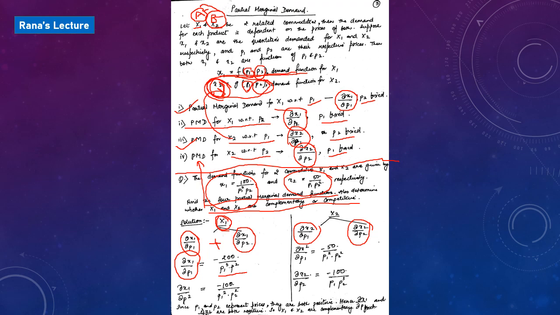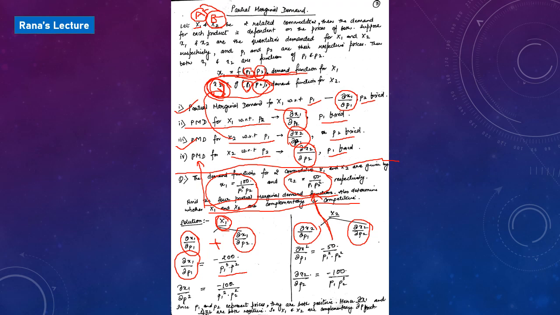Over here we differentiated delta X1 by delta P1, and this you have to differentiate. This is the function, right? Delta X2 by delta P1 is minus 50 by P1 square into P2 square, and delta X2 by delta P2 is minus 100 by P1 into P2 cube.